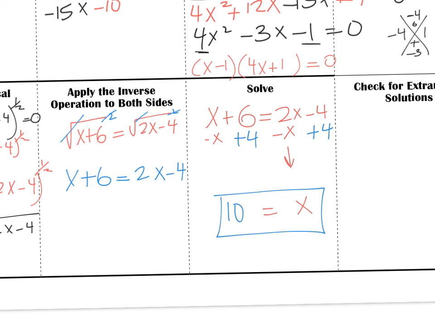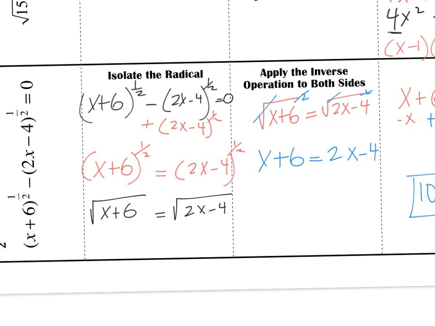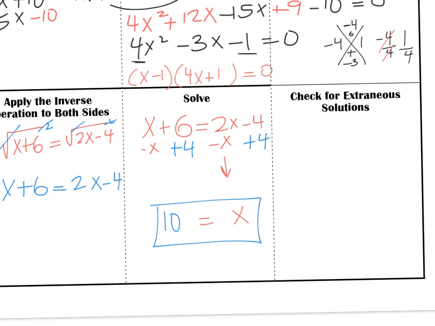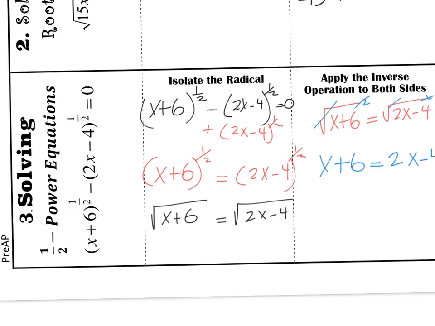Now remember, I have to plug it in and check. So I'm going to go back to my main equation. X plus 6 to the power half minus 2x minus 4 to the power half, and that should be equal to 0. Let me double check that I copied the correct equation.